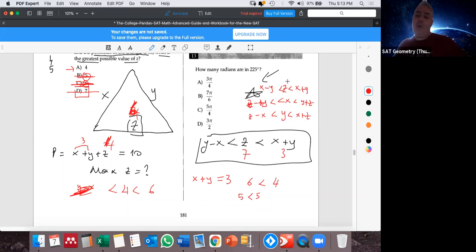You can add all of them, X, Y, Z, which will be 10. So 10 is less than 2 times X plus Y plus Z, which is 20, and less than negative 2Y, positive X, negative X, 0. So it will be 2 times Z minus Y. So Z minus Y is less than 5.